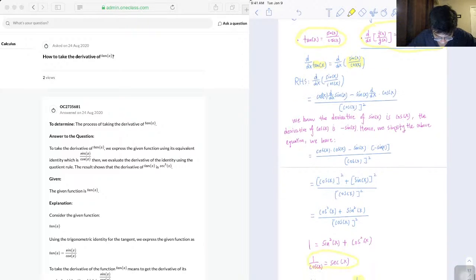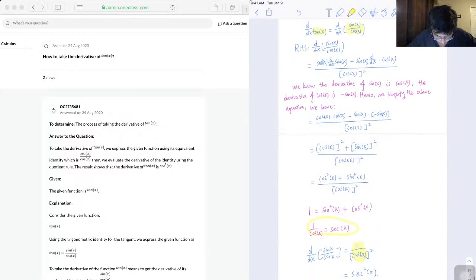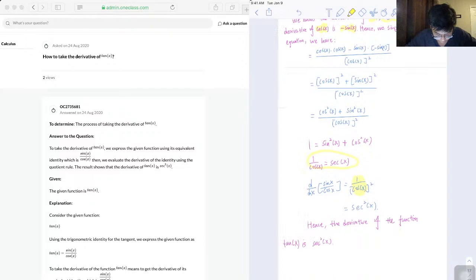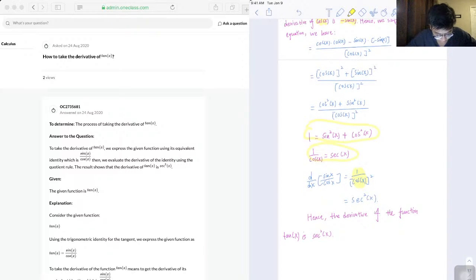Also, remember the derivative of sine x is cosine x, and the derivative of cosine x is negative sine x. For the last part, we're recalling the Pythagorean identity, so sine x squared plus cosine x squared is equal to 1, and the identity for secant, so secant x is equal to 1 over cosine x.